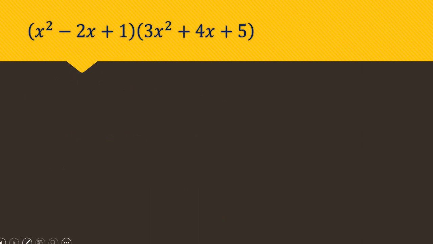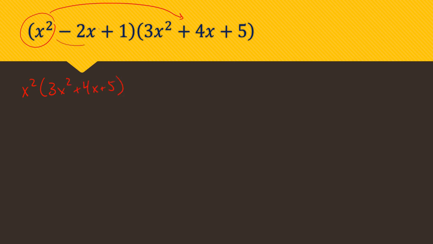Okay, try this one on your own. This is a trinomial times a trinomial. Try it on your own and then come back to the video. Okay, so I'm going to take my first term and distribute it over all of these. So x squared times 3x squared plus 4x plus 5.